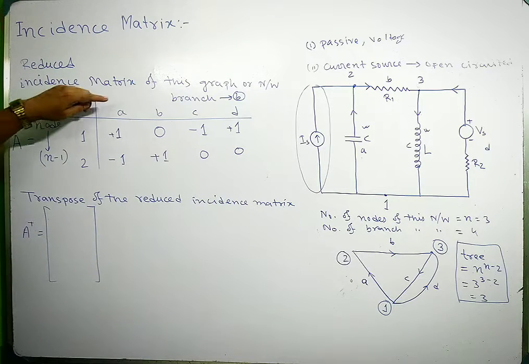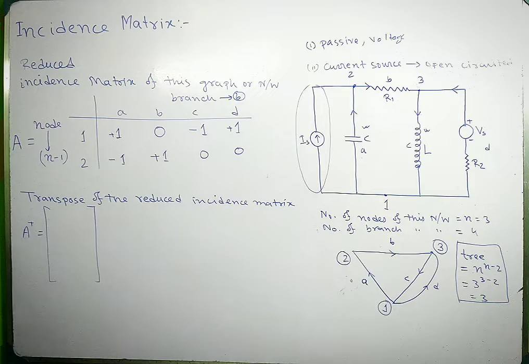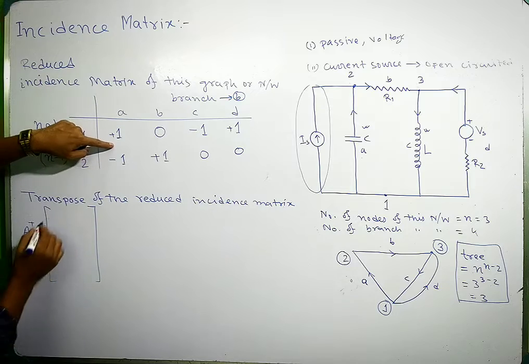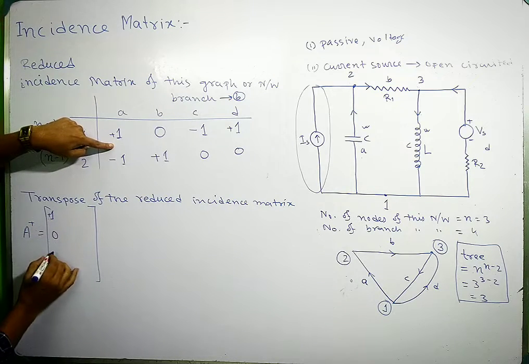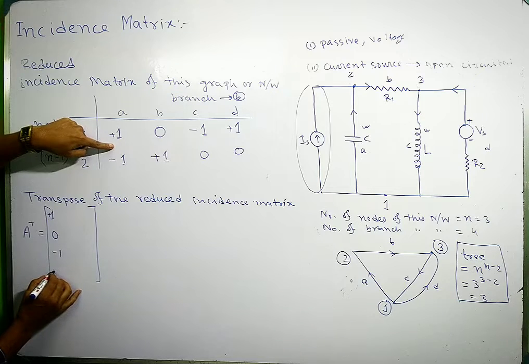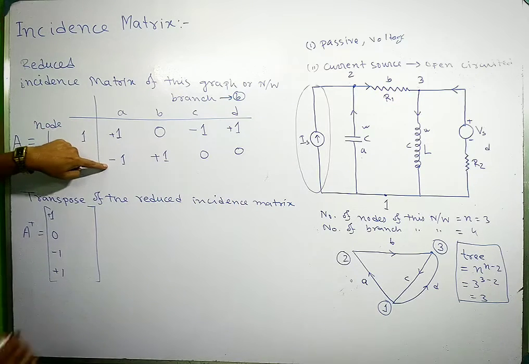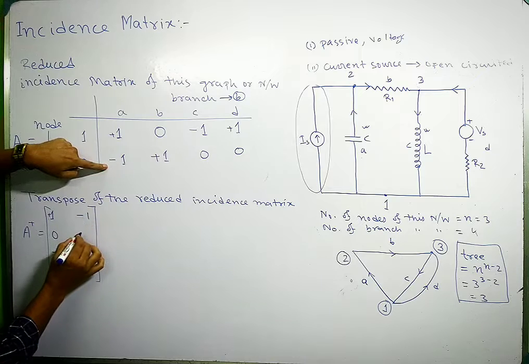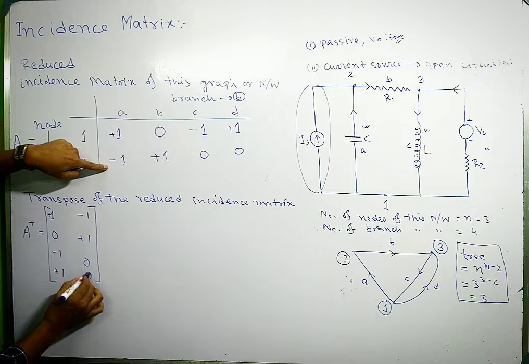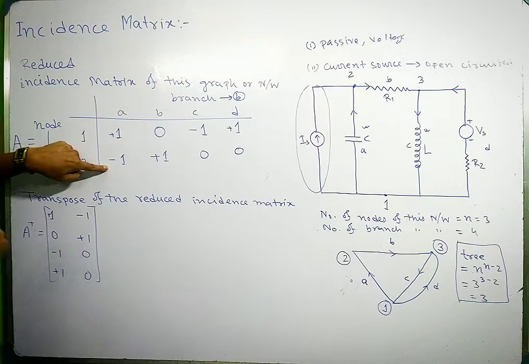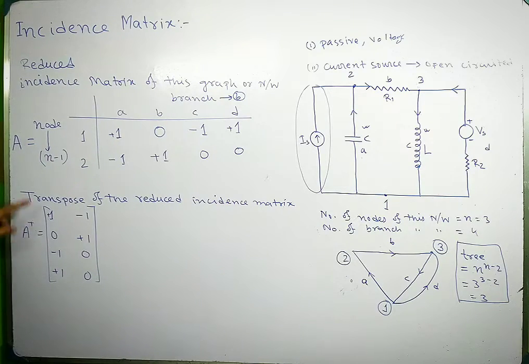So this is ABC. The transpose will be minus 1, plus 1, 0, minus 1, plus 1, and this is minus 1, plus 1, 0, 0. This is the transpose of this reduced incident matrix.